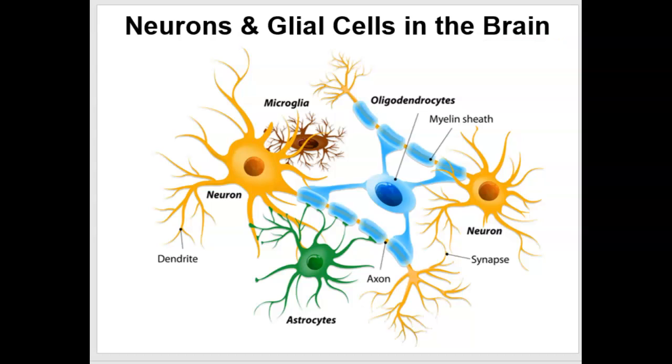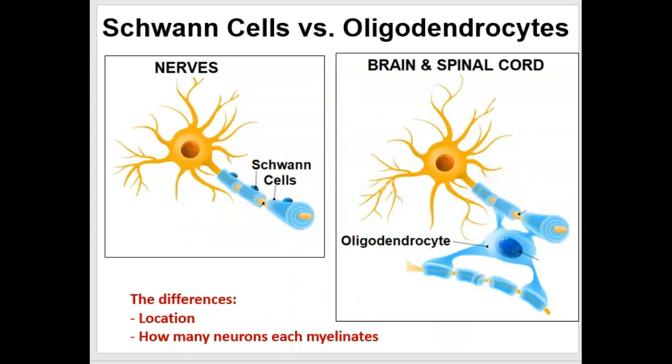Let's look at what Schwann cells look like. They're found in peripheral nerves, and they do a very similar function. So they wrap around the axon of a neuron to insulate it electrically. Now, a Schwann cell gives its entire body over to one axon.